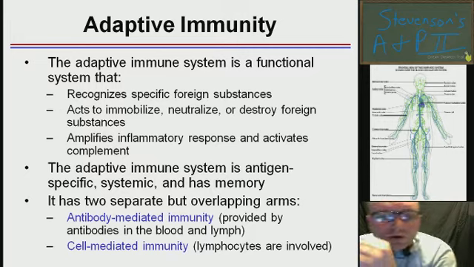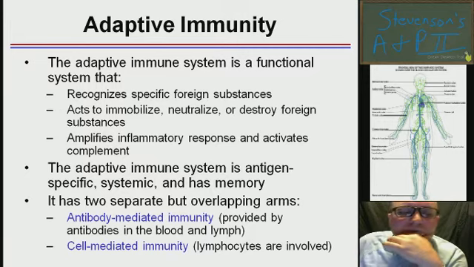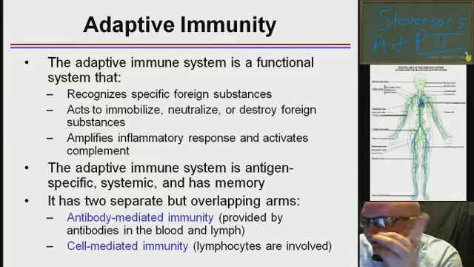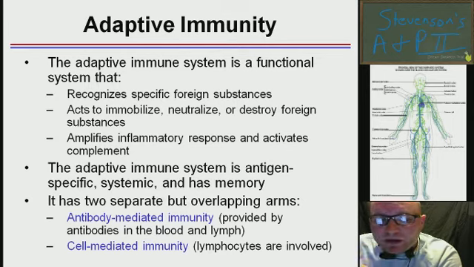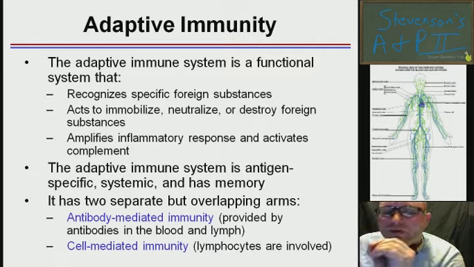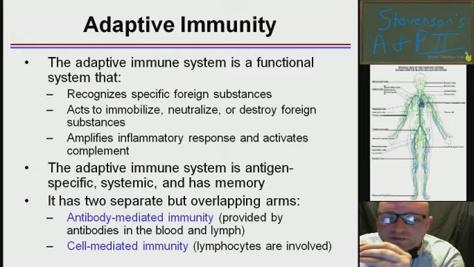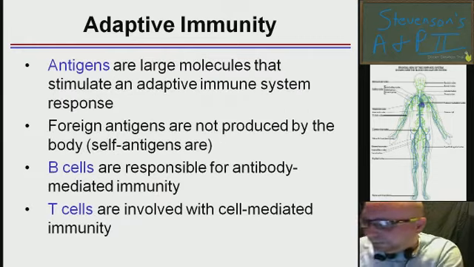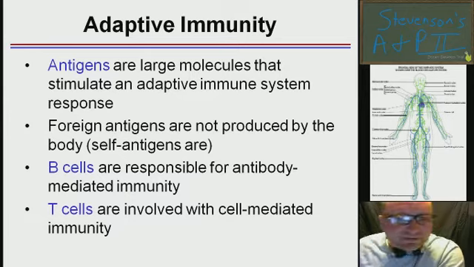It has two separate but overlapping arms. Antibody-mediated immunity is provided by antibodies in the blood and the lymph, and cell-mediated immunity is where lymphocytes become involved themselves. Adaptive immunity, we're going to go a little bit further.